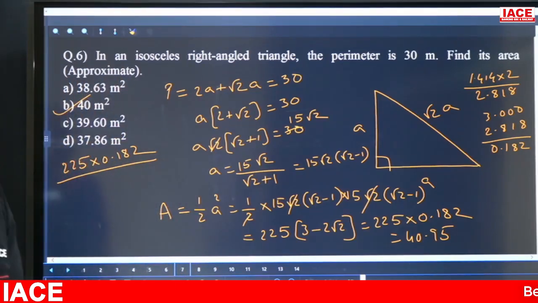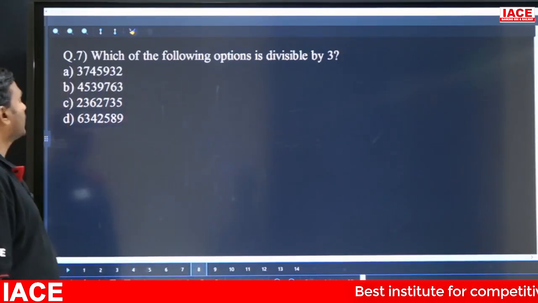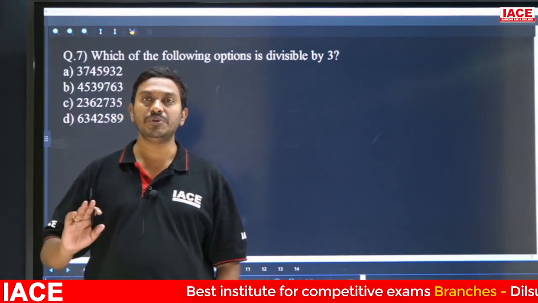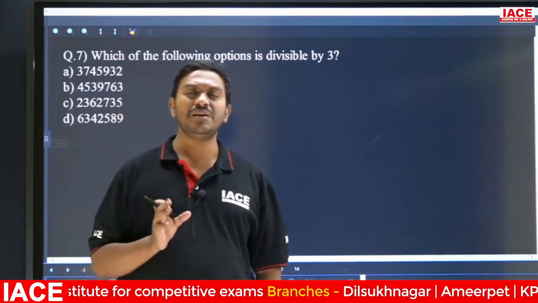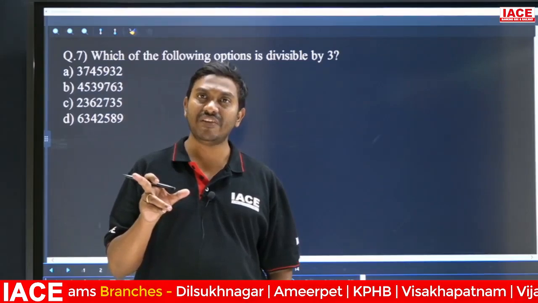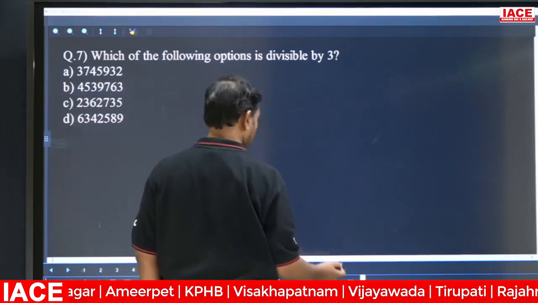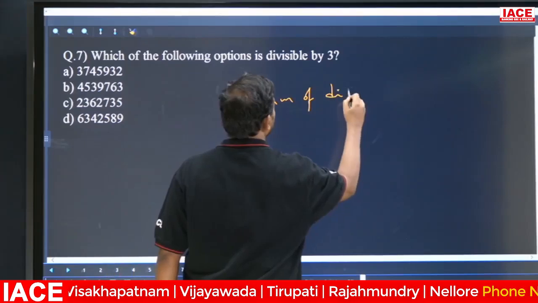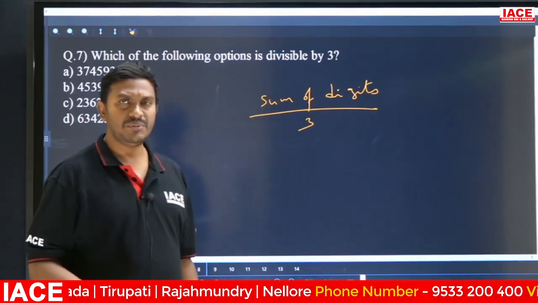Okay. Then next one, question number 7. Which of the following options is divisible by 3? This is not a pure maths question, it's a number system question. When a number is divisible by 3, the sum of the digits is divisible by 3.